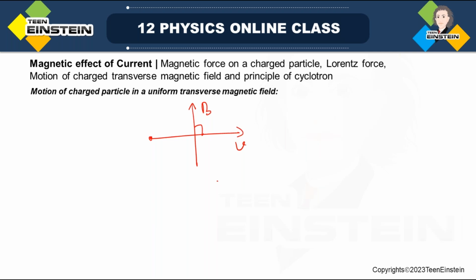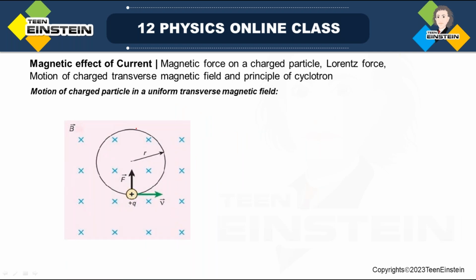If the charged particle is moving along the horizontal x direction, then B will be in the vertical direction, like the y direction or z direction. So that is a transverse magnetic field.